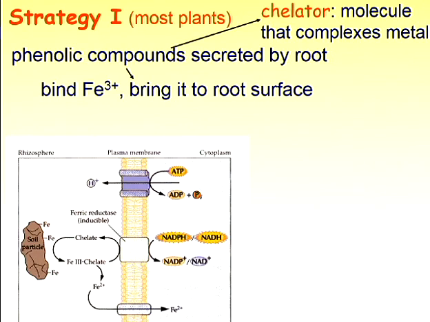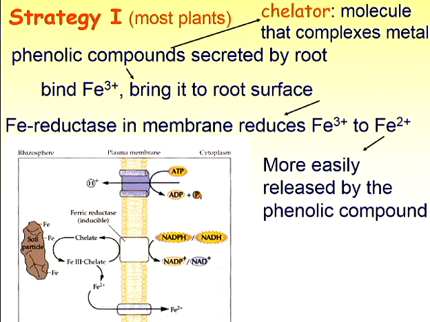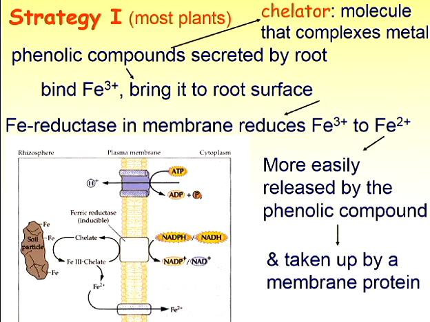And then once the iron 2+ is released from the chelator, it can be taken up by this other membrane protein, which you see down here, which allows the H+ to move through, and that is a process that requires energy indirectly. So the ferric reductase reduces iron 3+ to iron 2+. This is more easily released by the chelator, and then it can be taken up by a membrane protein.